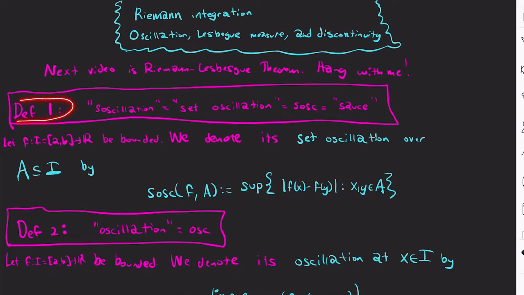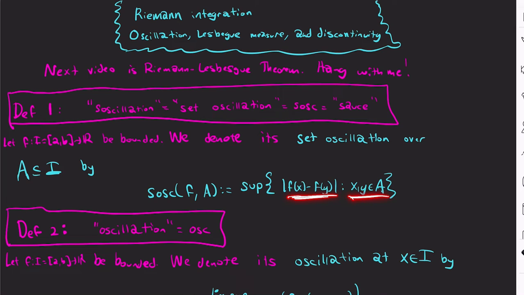So first, the definition is set oscillation, or saucillation, if you like. That is a typical setup: a bounded function on a closed interval, and the set oscillation is defined over a subset of our domain A. So the domain is I, subset A. We feed that in as an argument, and it is the supremum of the difference between f of x and f of y over any two points in the domain.